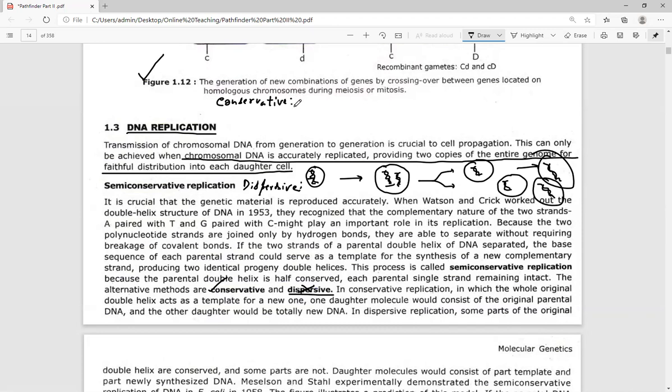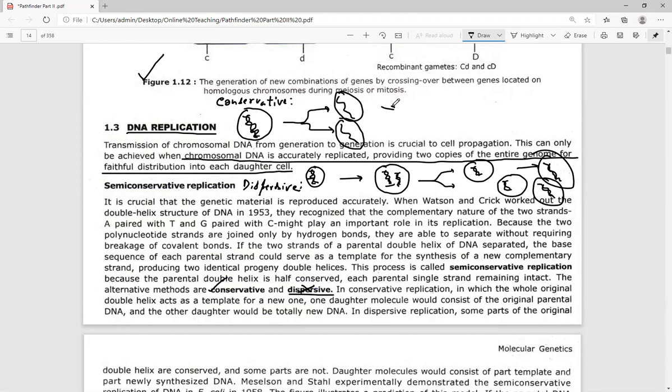According to the conservative model of DNA replication, there is the double stranded DNA which is present. This double stranded DNA will divide. When it divides, one strand will be inherited by one daughter cell, another strand will be inherited by another daughter cell, and then the complementary strands will be biosynthesized.